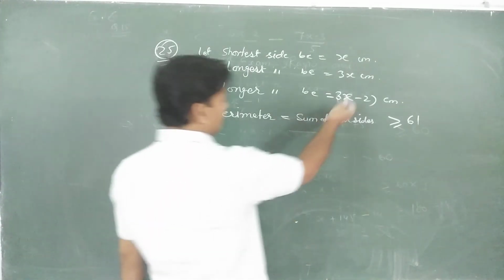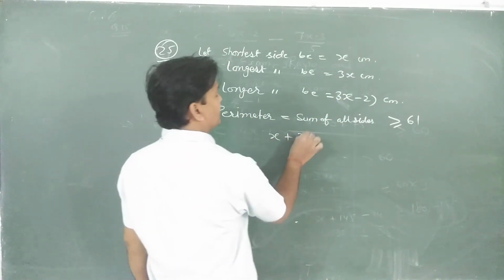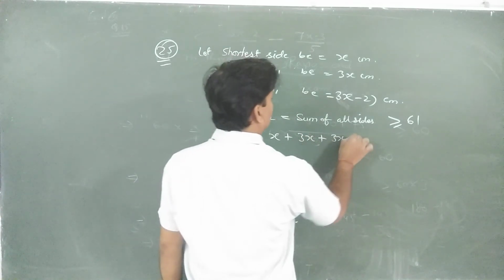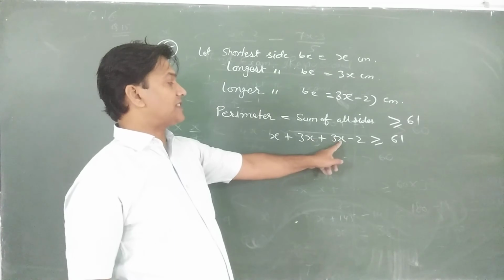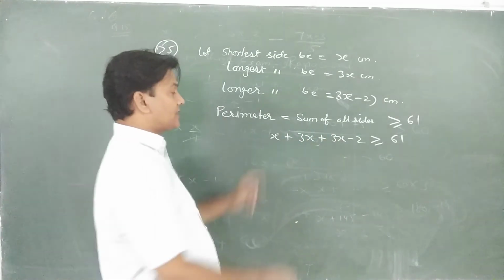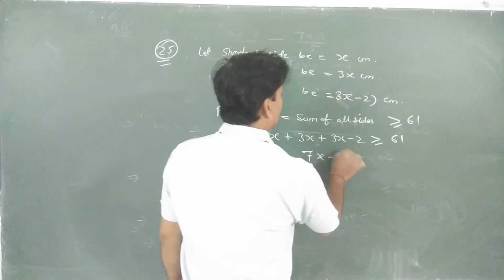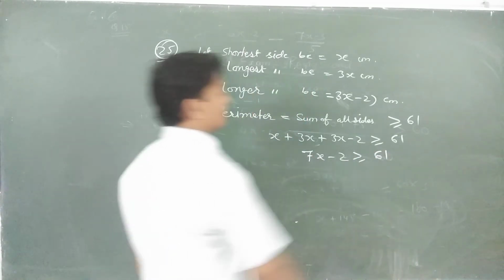So now adding all these sides, x plus 3x plus 3x minus 2 is at least 61. Now 3x plus 3x is 6x, plus x is 7x minus 2 is at least 61.